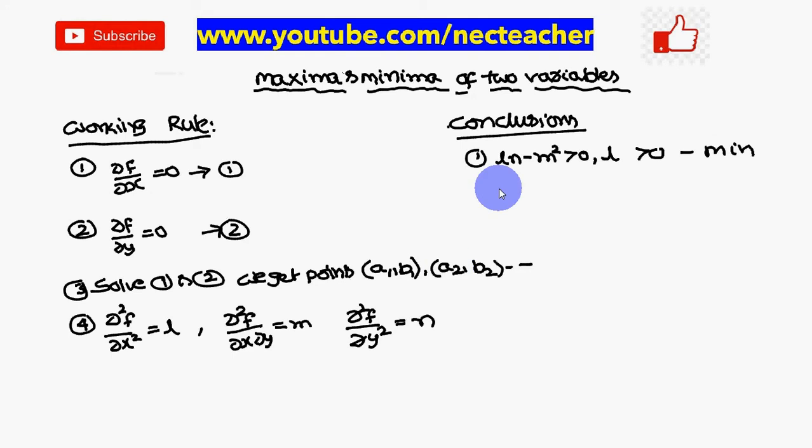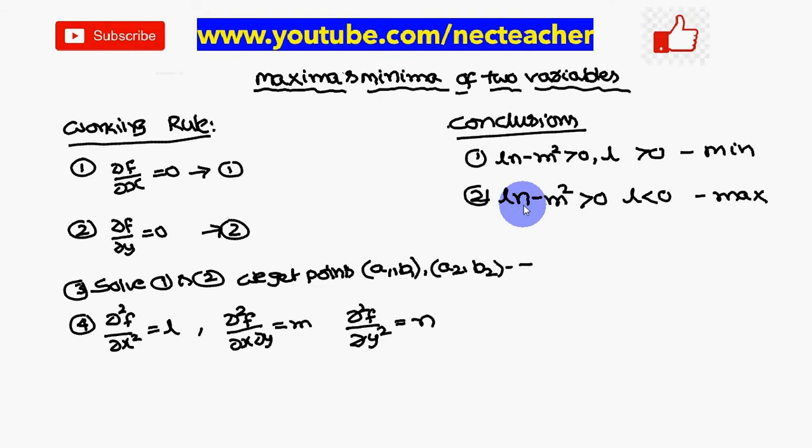Next, we have to discuss when it is maximum and when it is minimum. So consider LN minus M square. If LN minus M square is greater than 0 and L is greater than 0, then the function has a minimum value.